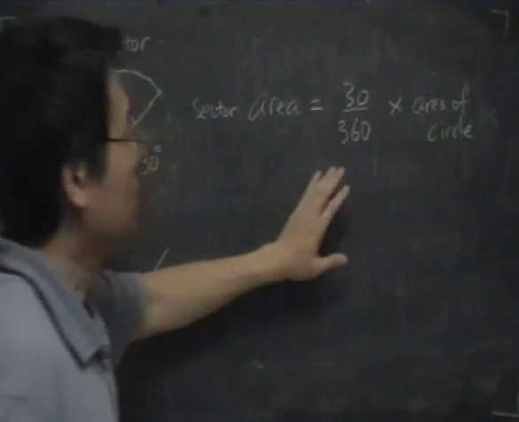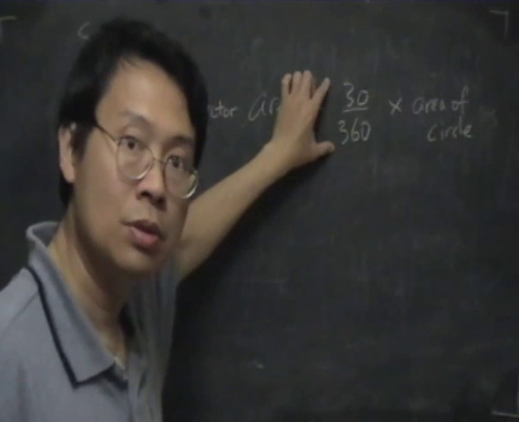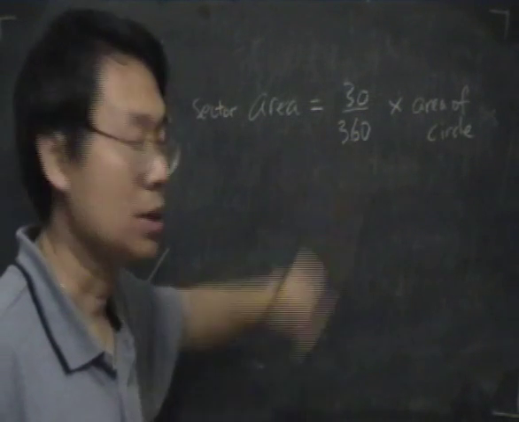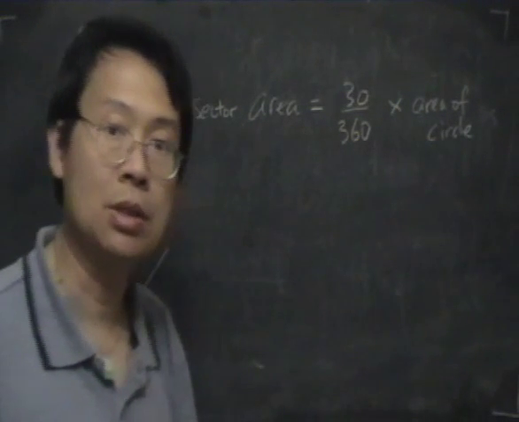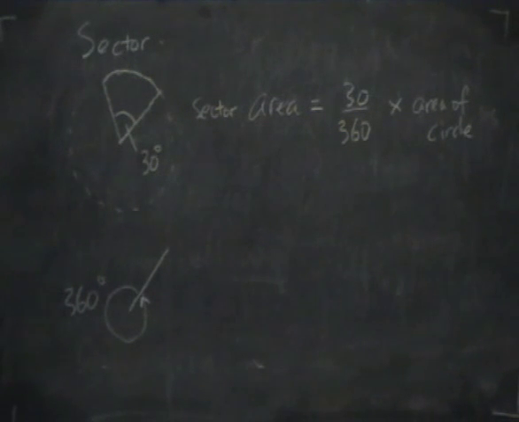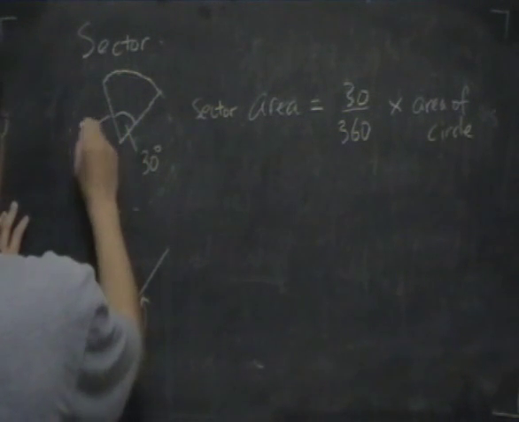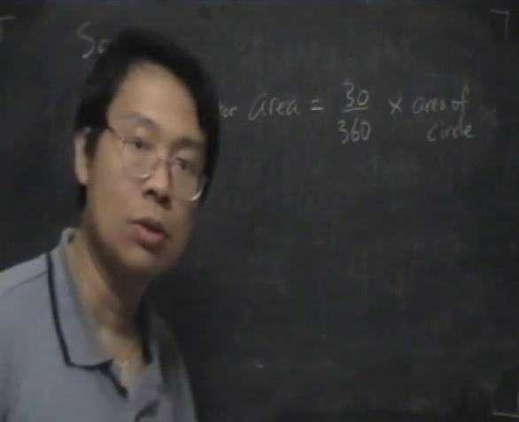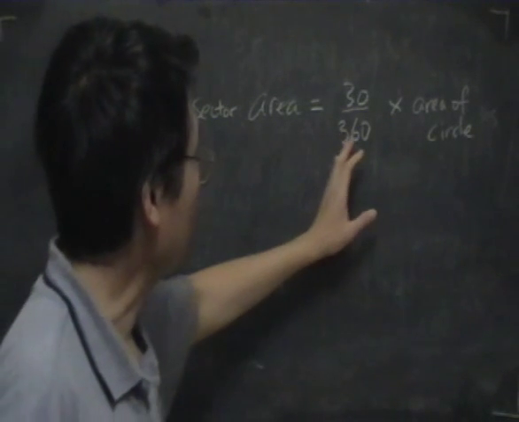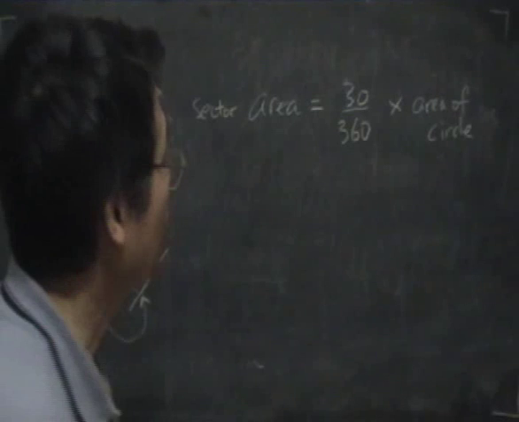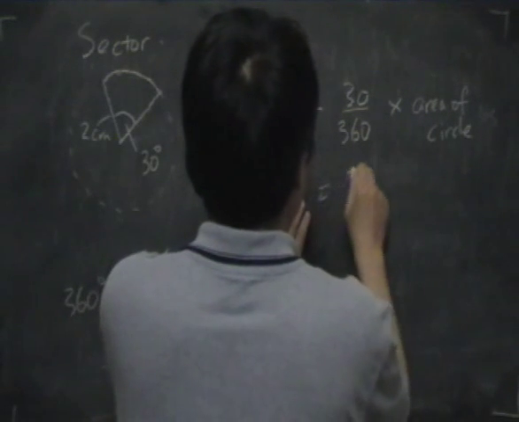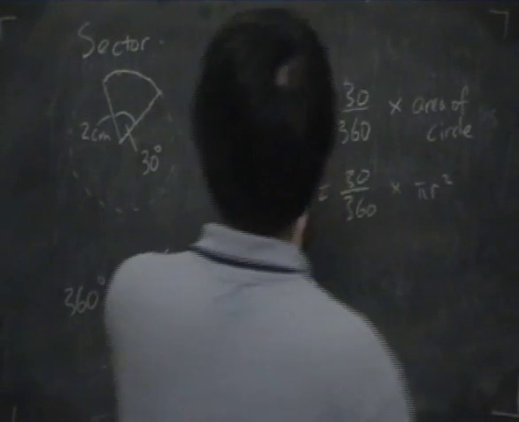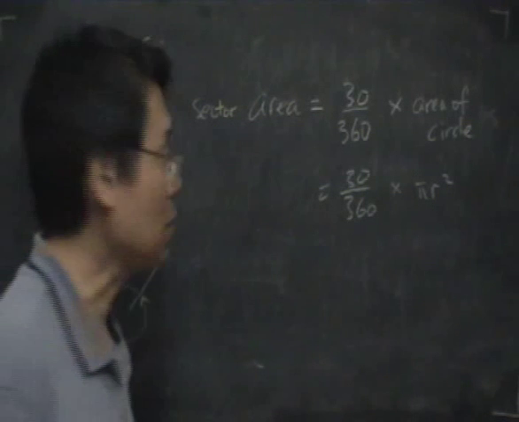So the sector area is the fraction, the angle of the sector divided by 360 times the area of the circle. So that's the formula. For example, if the radius is 2 cm, we can find the area using the formula for the area of the circle, which is pi r squared, and in this case r is 2 centimeters.